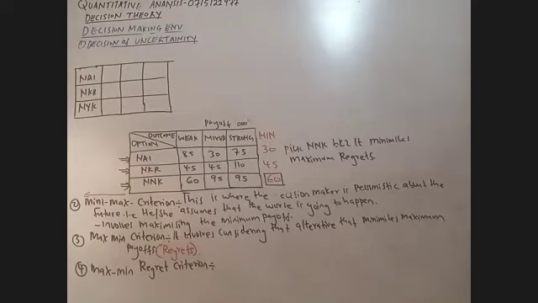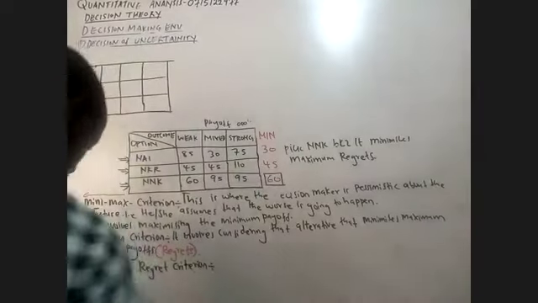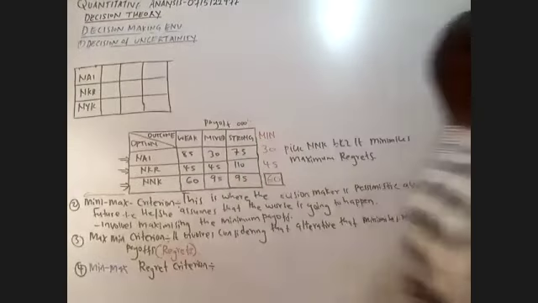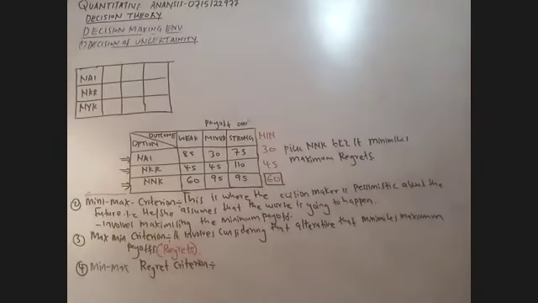So minimax. It's supposed to be minimax, not max min. Minimax regret criterion. So this is where the decision maker might experience regrets.